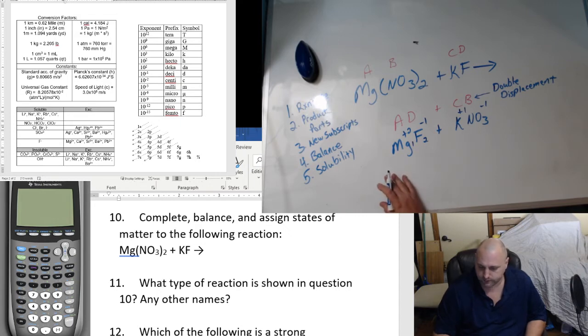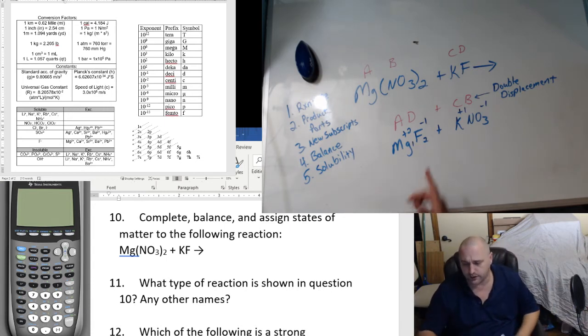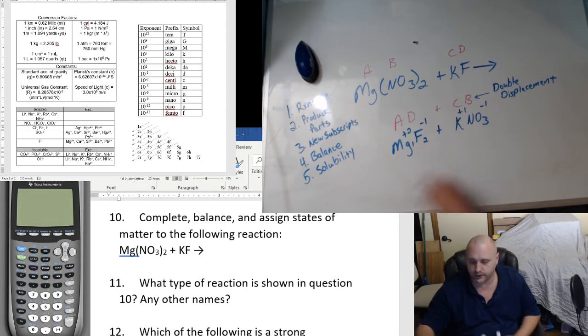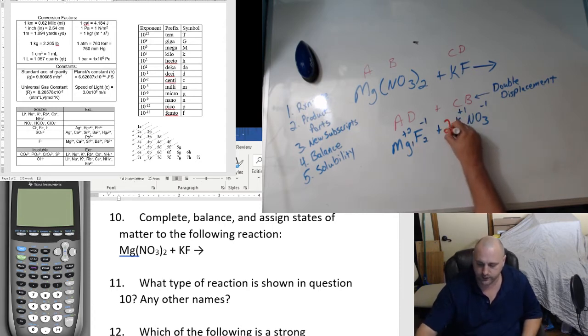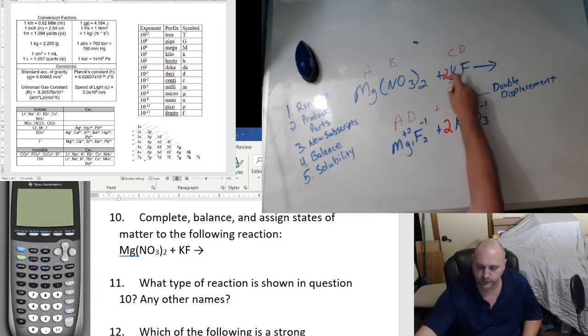Now I need to balance it, and I'm going to key up on my parentheses here. So I have 2 nitrates, but only 1 down here. So I'm going to start with that. I'm going to put a 2 here, and that gives me 2 nitrates. That also gives me 2 potassiums. So I'm going to go ahead and put a 2 in front of my potassiums. And that gives me 2 fluorines.